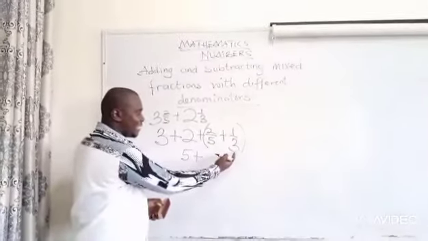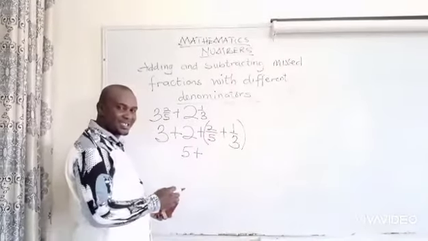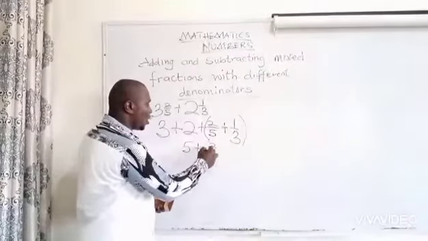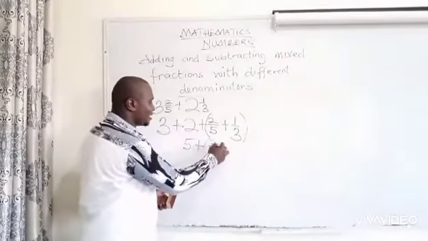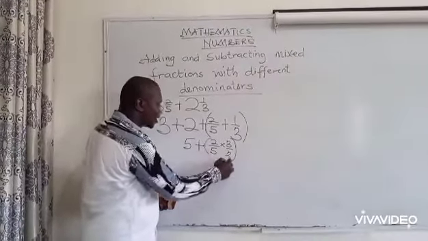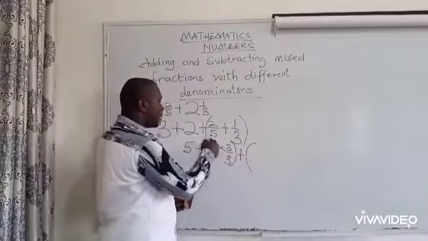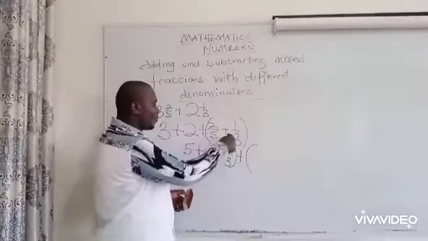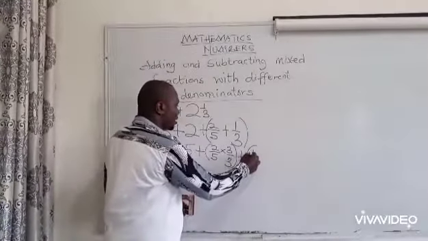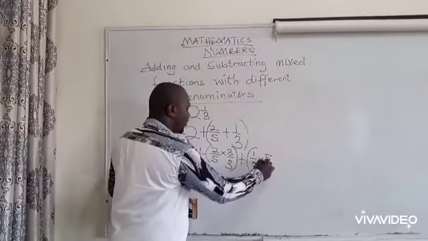We multiply the second denominator by the first fraction as 2 out of 5 times 3 out of 3, close bracket, plus, and then multiply the first denominator by the second fraction. That is 1 out of 3 times 5 out of 5.